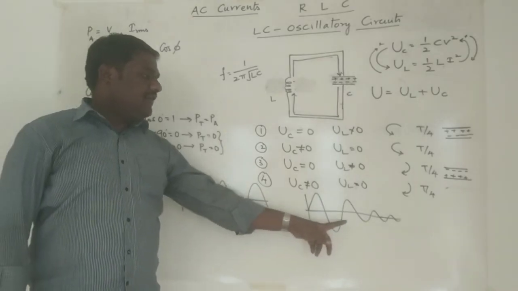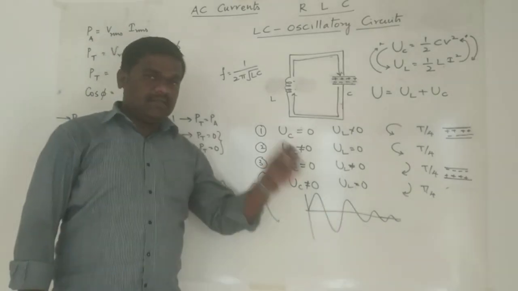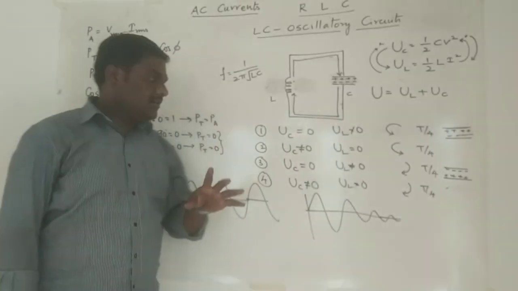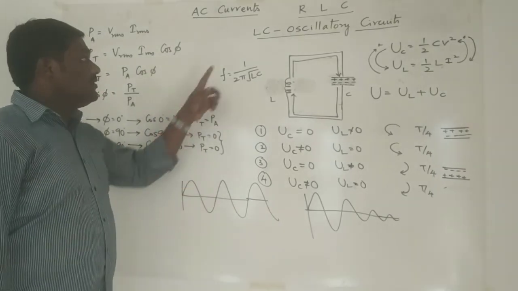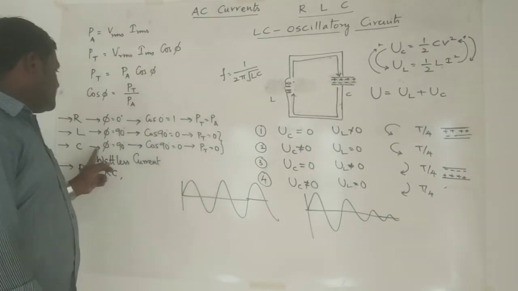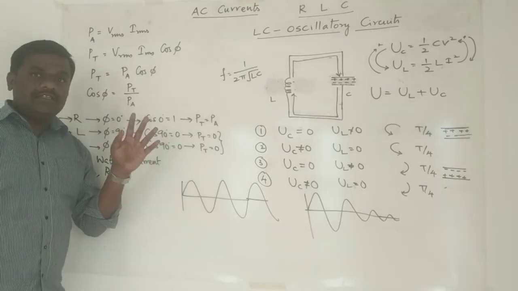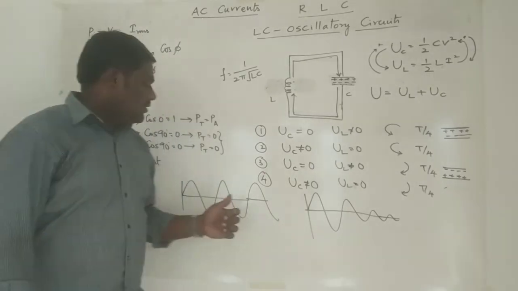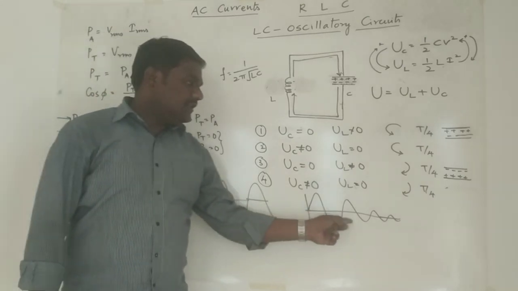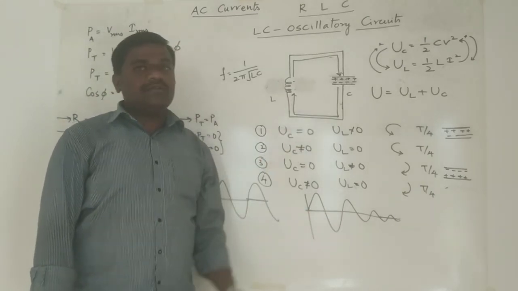Energy somewhere is getting dissipated, meaning energy is being consumed somewhere. Since you have taken only L and C, as per the statements, there must be no energy loss or power loss. But even though, instead of sustained oscillations, you will get damped oscillations in the LC circuit.